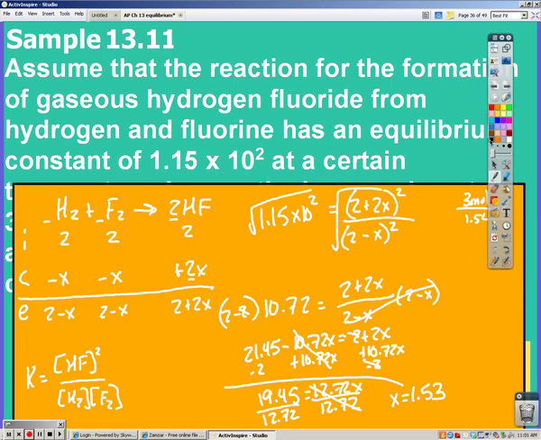Plug those values into the equilibrium line. And so we get 0.47, 0.47, and 5.06. And again, your units are molarity.